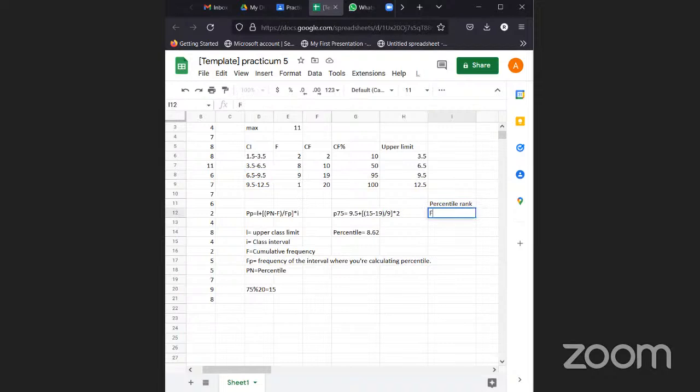I'm just going to write it as f minus the lower limit, divided by the class interval. Just a minute.